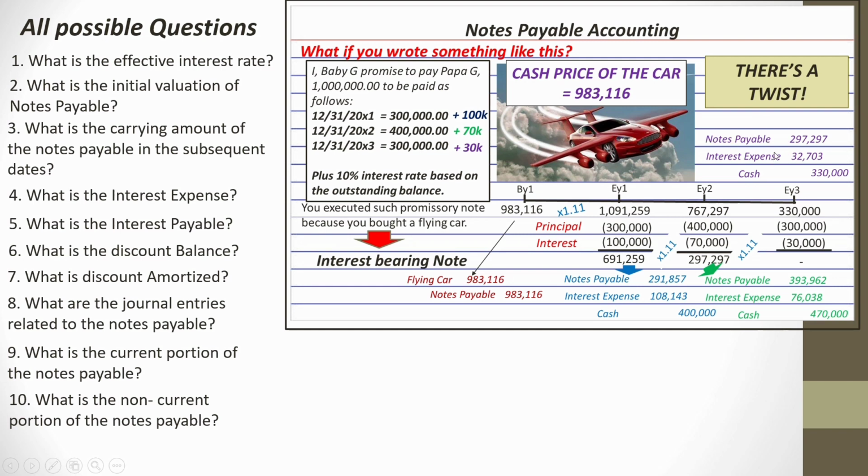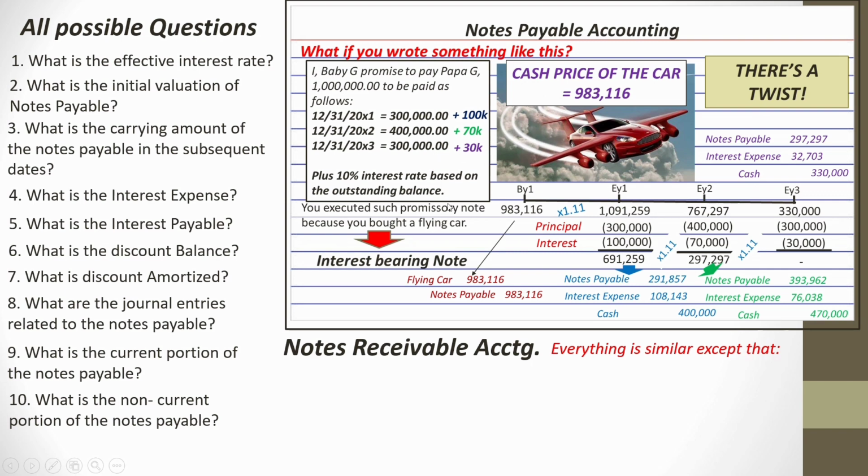They need to be familiar because we need to compare this notes payable accounting to the notes receivable accounting.